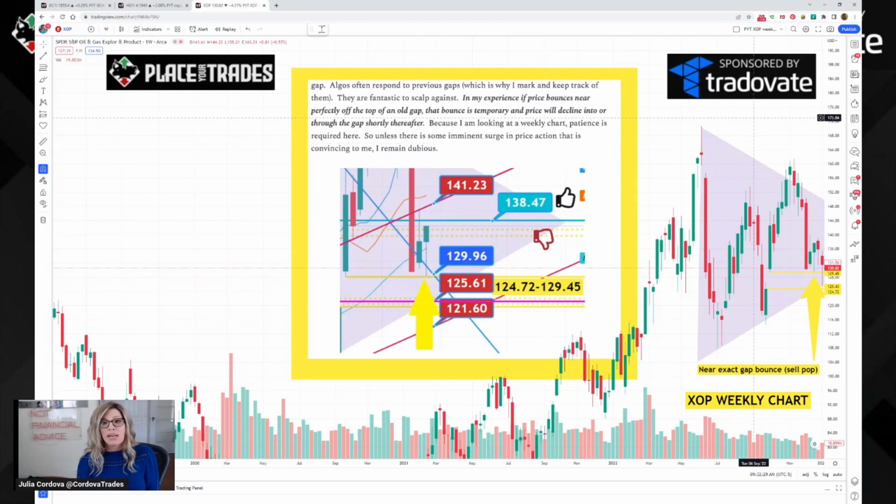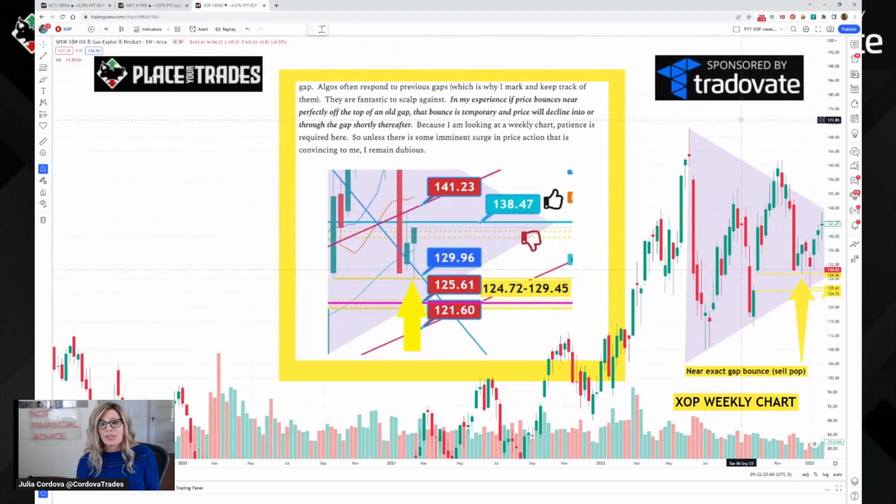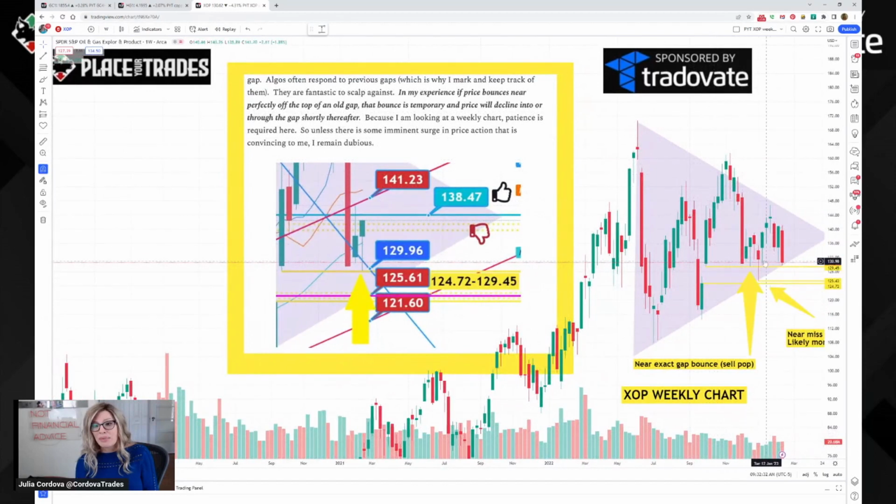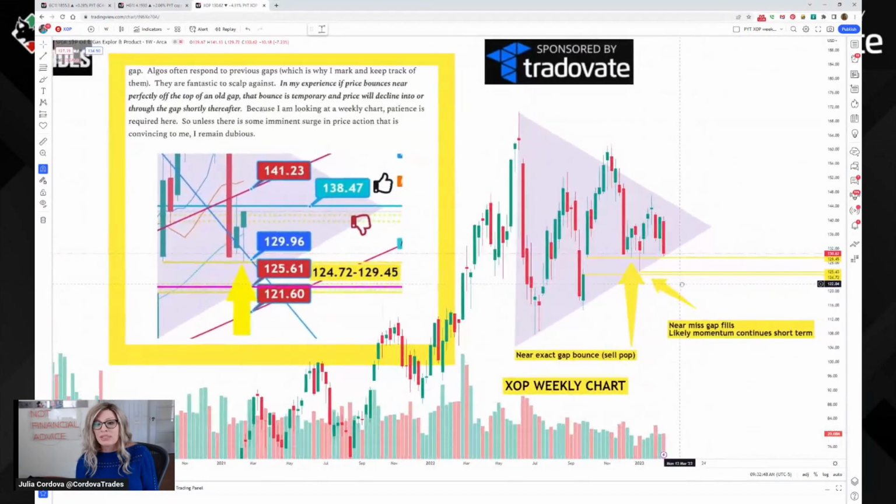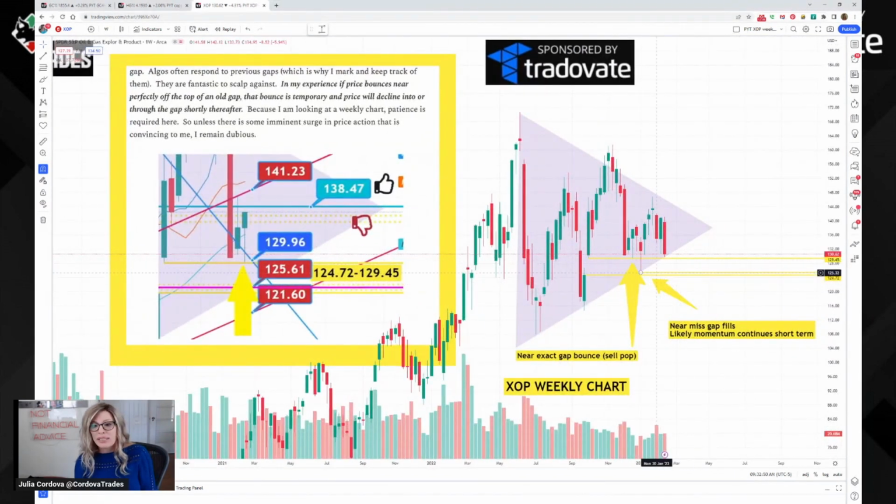So what else? I've got something else on this exact chart. Now, it did come into this gap and did a near gap fill, right? I would say, what is that? It's a little more than 3/4 of a gap fill here. So I call this a near miss gap fill. Basically what I'm saying is that if there's a gap fill that closes back outside after a near miss, then at least you will get continuation to the upside, in my opinion.